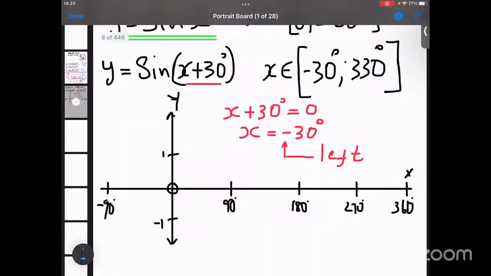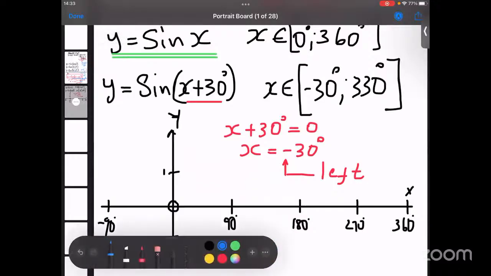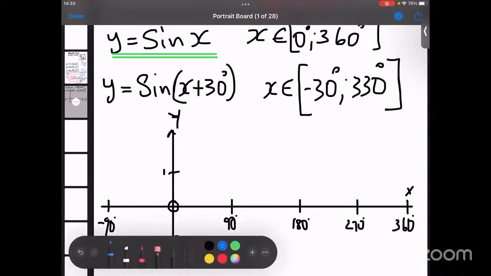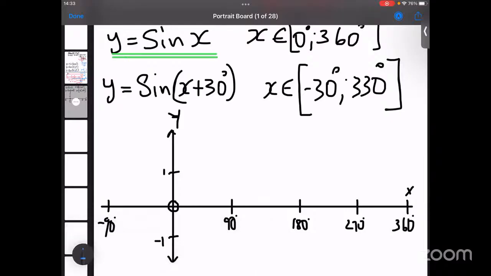So let's go back to this one. By now we have seen that it has actually shifted by 30 units to the left. If it has shifted to the left, let me show you how you will derive your critical values. Remember, for you to get to 90, there must be 30, 60, and then 90 there.